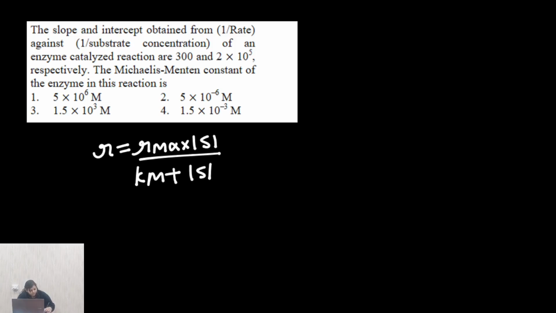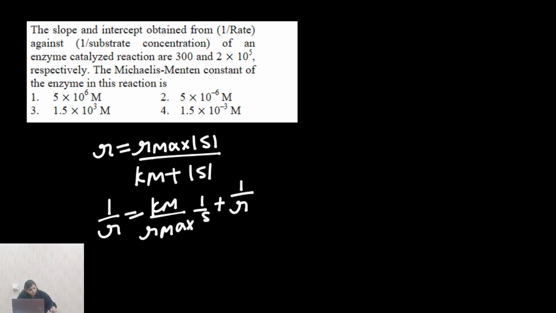Okay. So again this is from the Lineweaver-Burk plot. For the enzyme catalyzed reaction, rate is equal to R max into S upon Km plus S. Now 1 by R will be equal to Km upon R max into 1 by S plus 1 by R max.